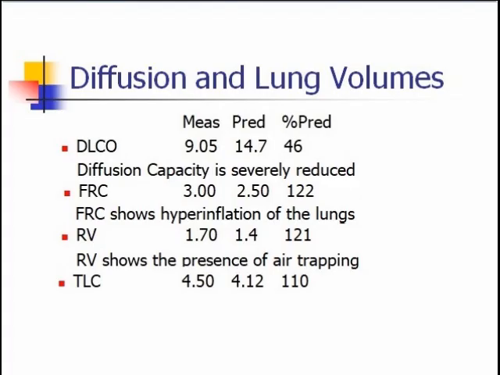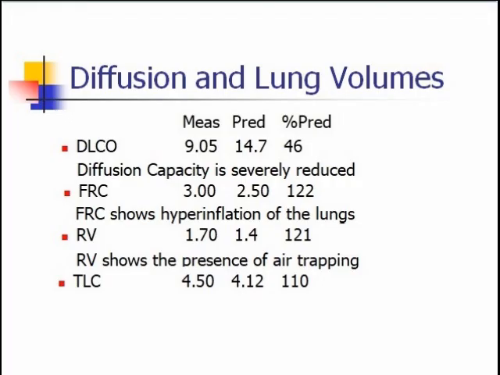Both of these are just over the line, but RV at 121% shows the presence of air trapping. Remember, residual volume is that amount of air in the lungs that we cannot get rid of. If residual volume is increased, that is air that's trapped in the lungs. That's why we classify it as air trapping, and the other one as hyperinflation.